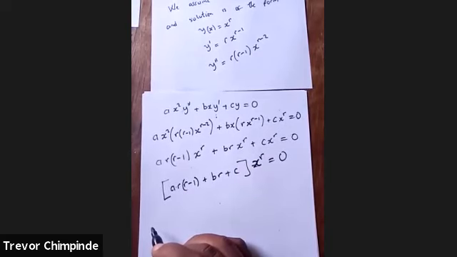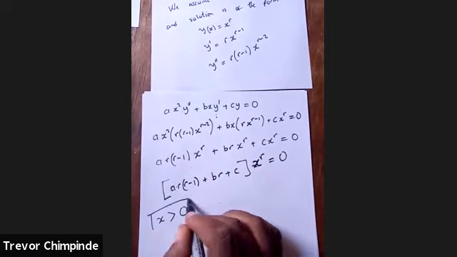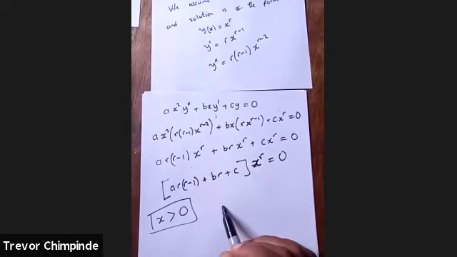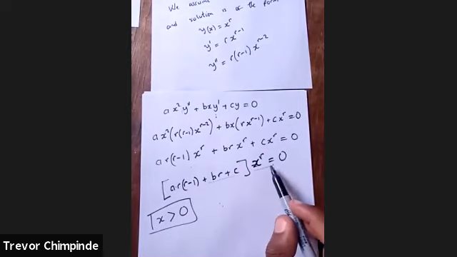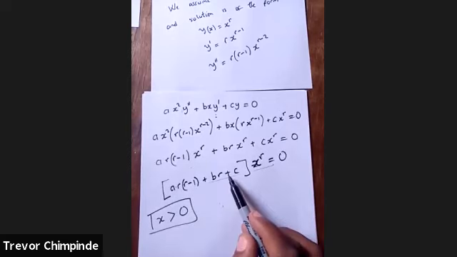It was important that in the beginning we made the assumption that x is greater than 0, because this is where we use it now. How do we use it? If x is greater than 0 and this expression here is equal to 0, it means that this has to be 0.